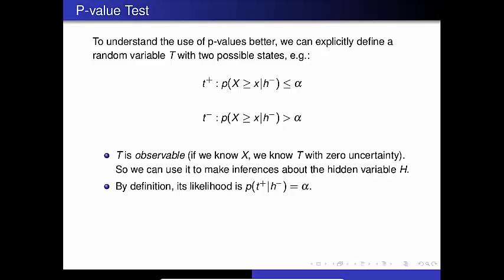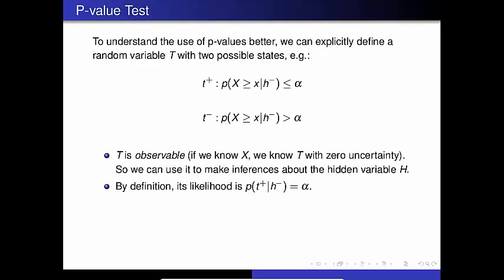And we would call this t plus if the probability of getting this observation or something more extreme than this under our H minus model is less than our alpha cutoff. Then we would call that a positive test result, in other words, rejecting H minus.